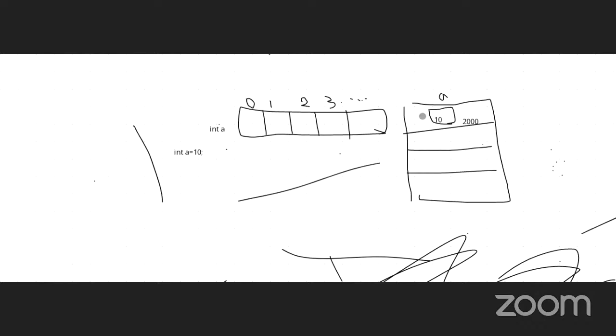What are the memory locations? Starting at 2000, if it is an integer, how many bytes? Each time it will increase by either 2 or 4, so let us take short int.